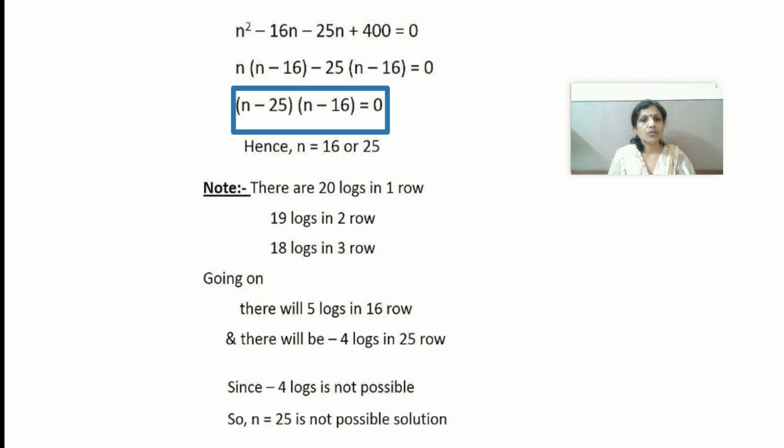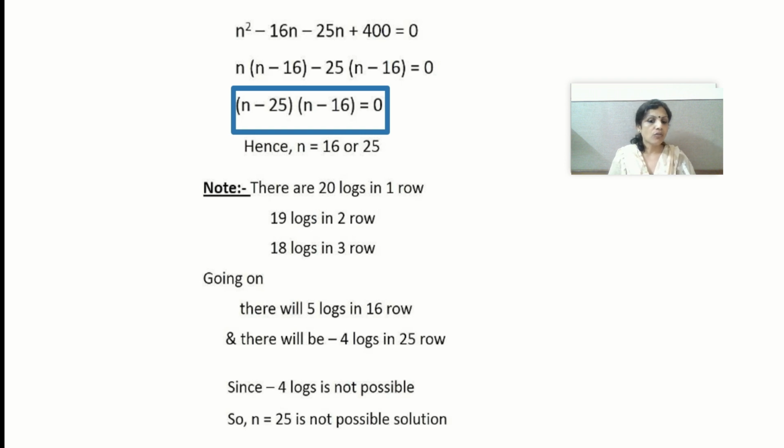So see now, 20 logs in one row, 19 second row, 18 third row, 17 fourth row. If you count like this, there will be 5 logs in 16th row, then 4 logs in 15th row. Go like this, you will realize that there will be minus 4 logs in 25th row.